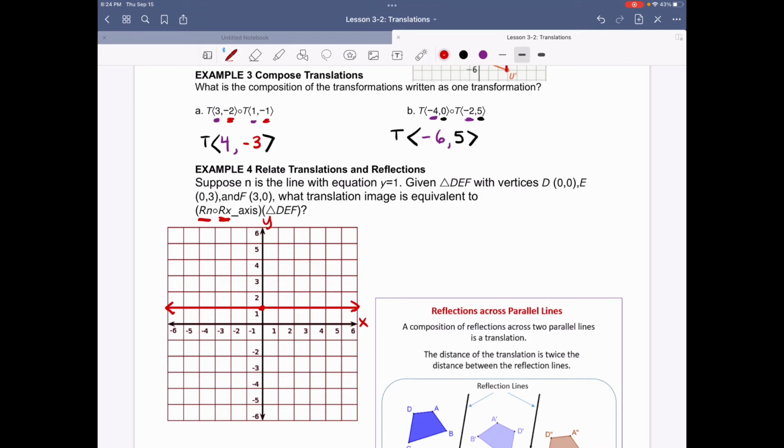We have 0, 0 right here. We have 0, which means I don't go left or right, 3 right here. And we have the point F, which is 3, 0. And just label these F, D and E. And then I will connect these points.